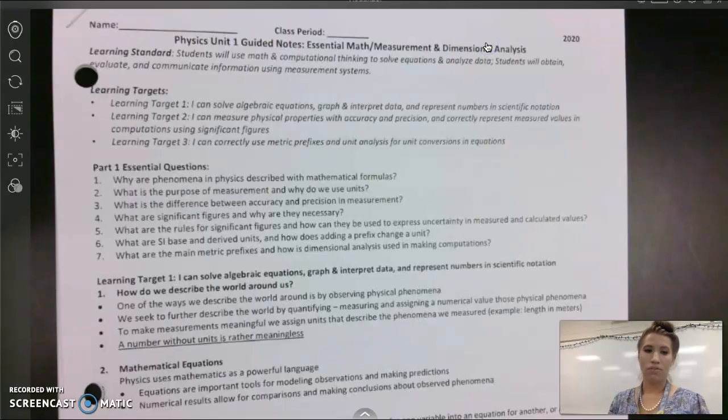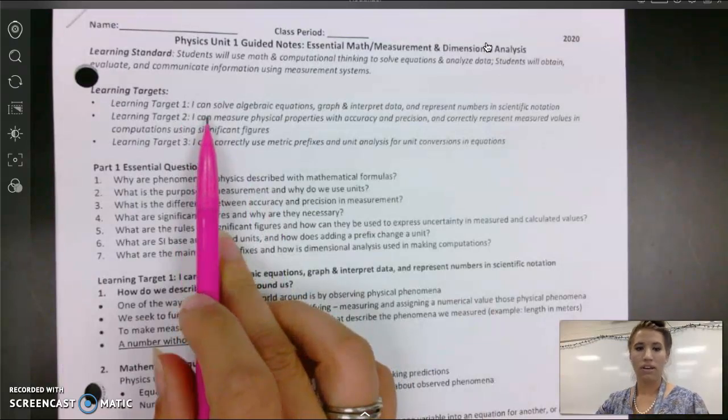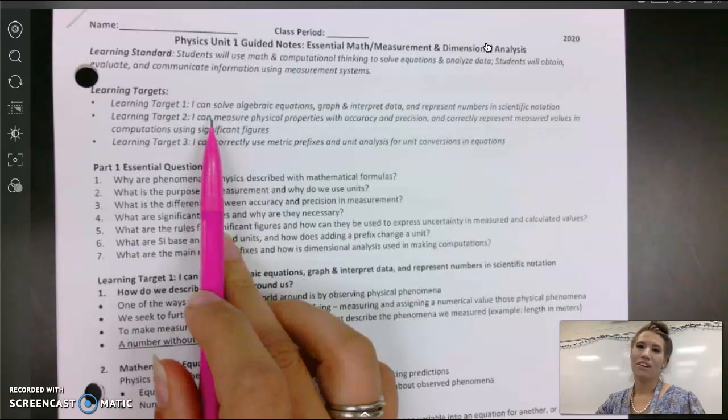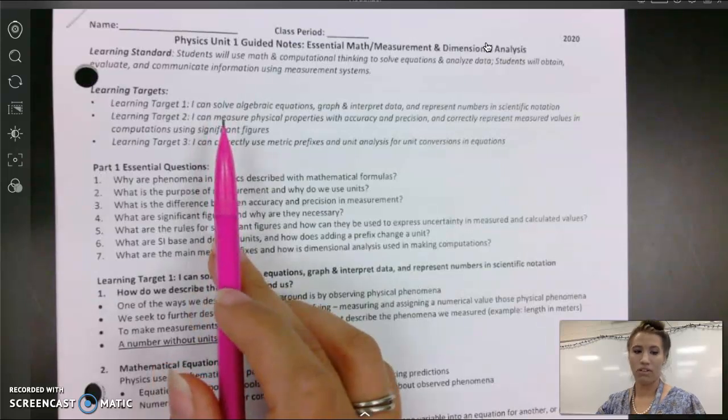So first thing with Unit 1, today we're focusing on our learning target 1. Can I solve algebraic equations, graph and interpret data, and represent numbers in scientific notation? So that's what we're focusing on today.